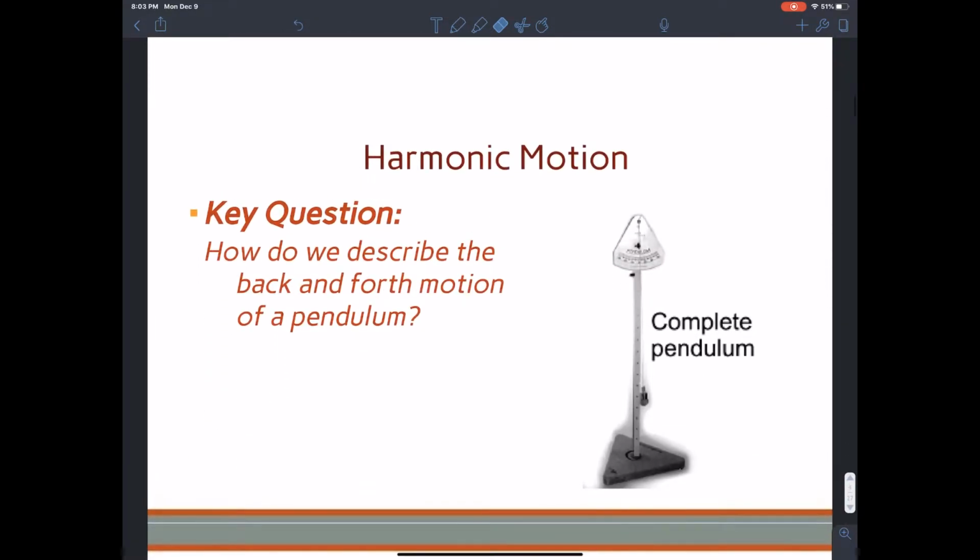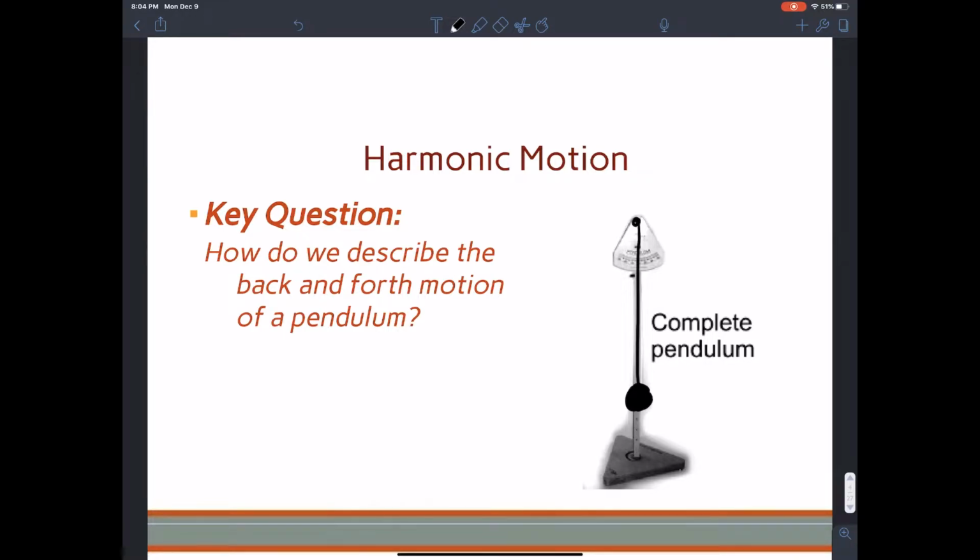All right, so what exactly is harmonic motion? That's what we need to start with. If we're trying to describe what harmonic motion is, here we have just an example of a pendulum. Okay, so our pendulum, we have a string that's tied, and you have this weight at the bottom. Now, this weight sitting at the bottom, before it is disturbed, is in its equilibrium state. It's not moving around. It's just at rest.